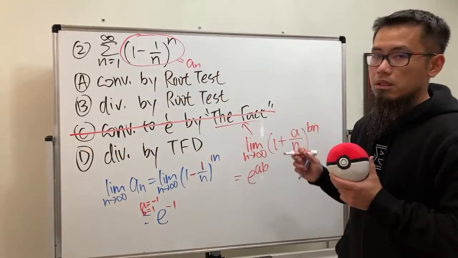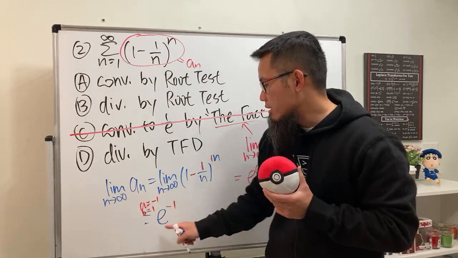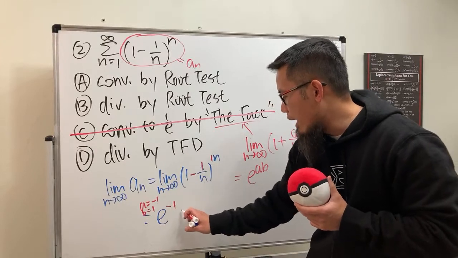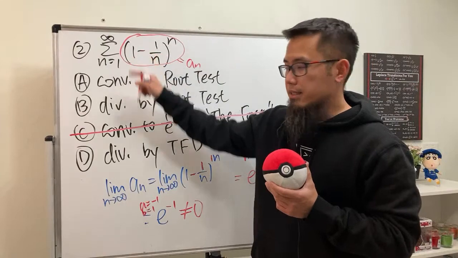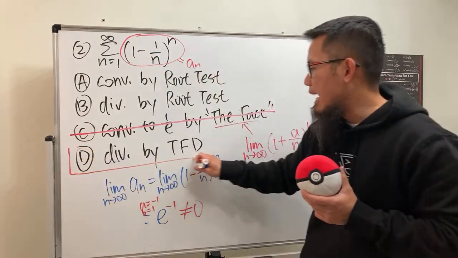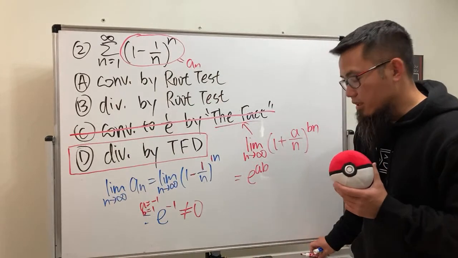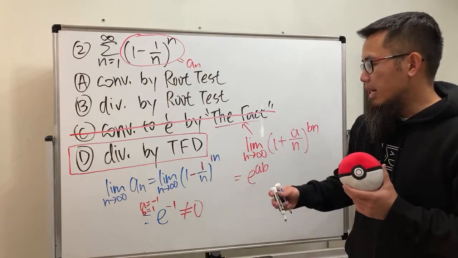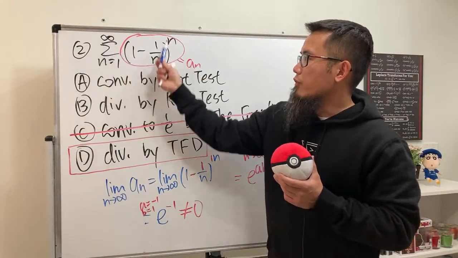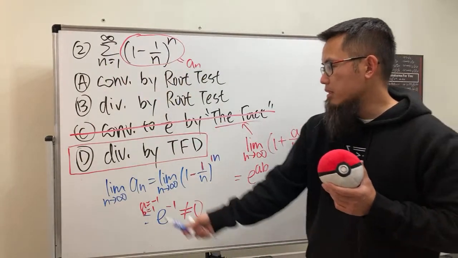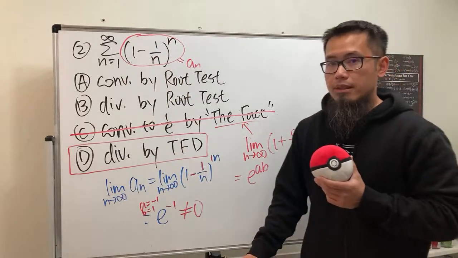Once you notice the limit of an goes to e to the -1, and this is not equal to 0, in fact, we can say that this diverges by test for divergence. So you just have to remember the difference between an and the series of an. Again, this question is about the series of an, and if you take the limit of an, if it's not equal to 0, congratulations, we can say that this series diverges.